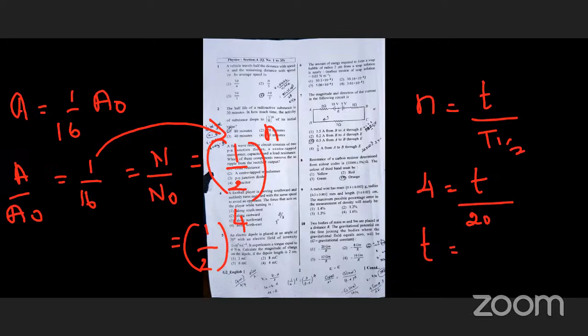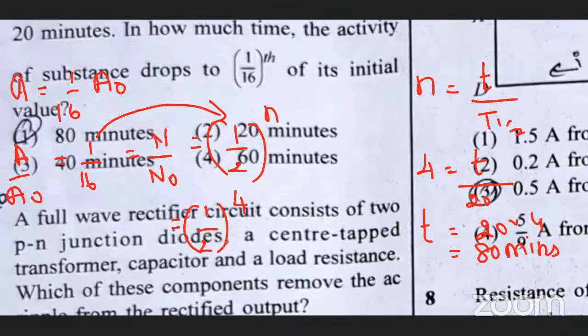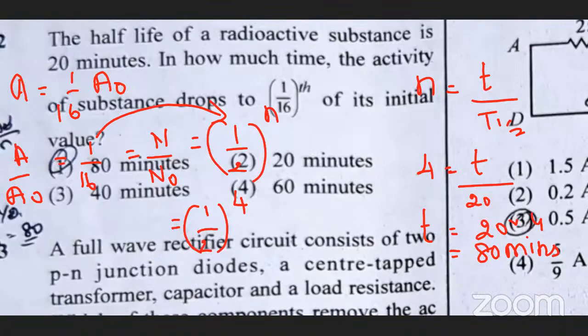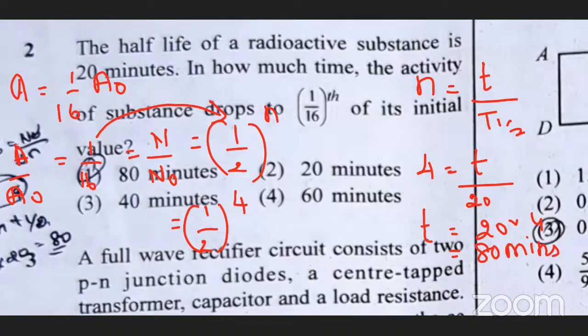So the time taken is 20 into 4, which is equal to 80 minutes. So 80 minutes is the answer for this. It's option 1, 80 minutes.